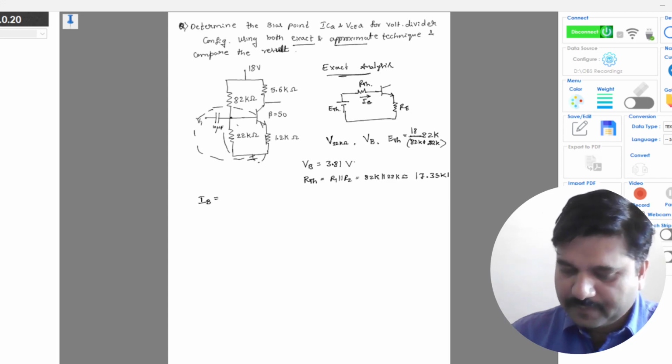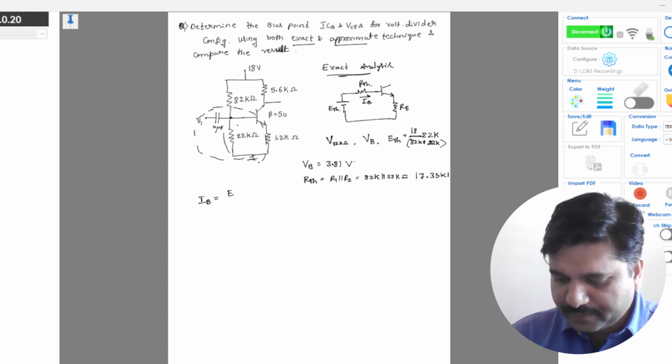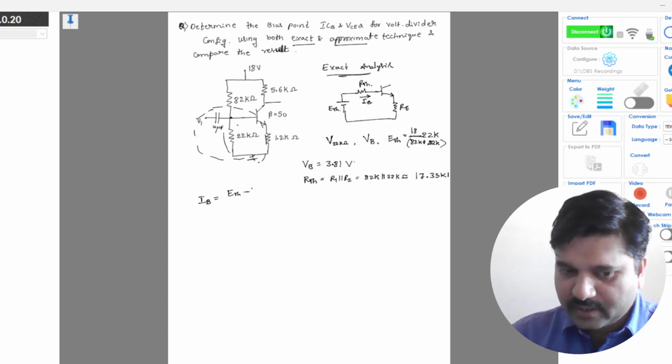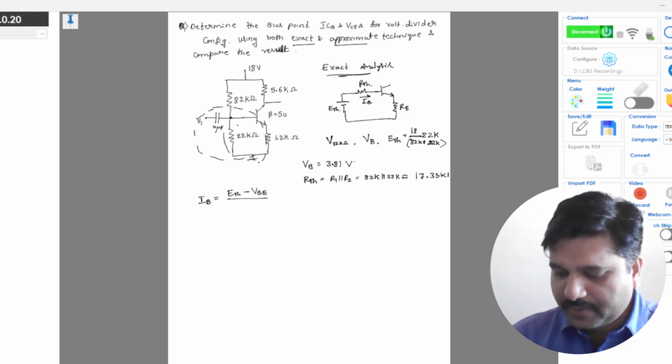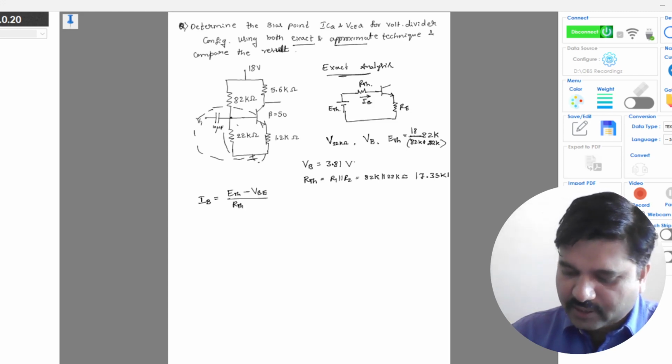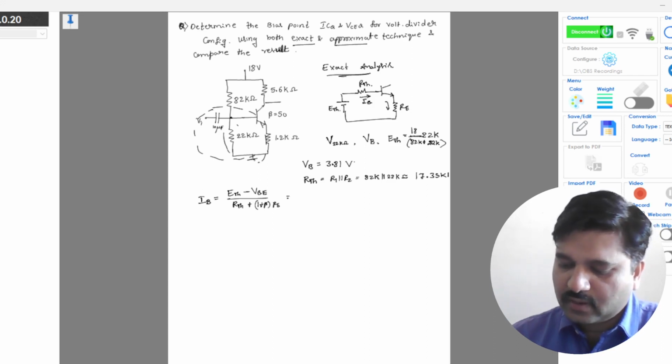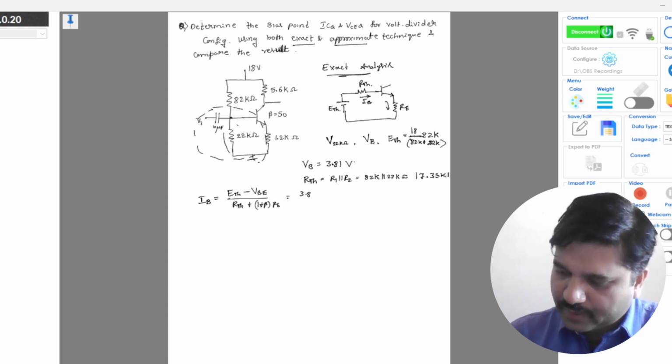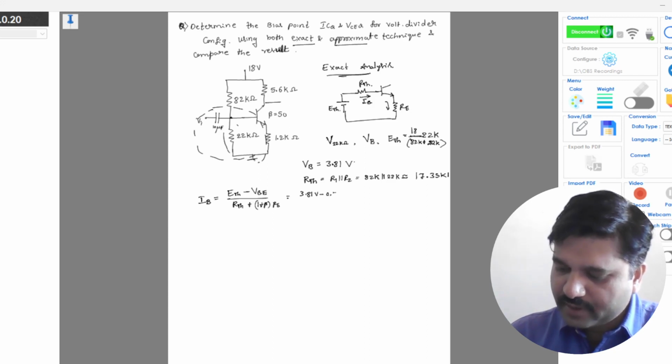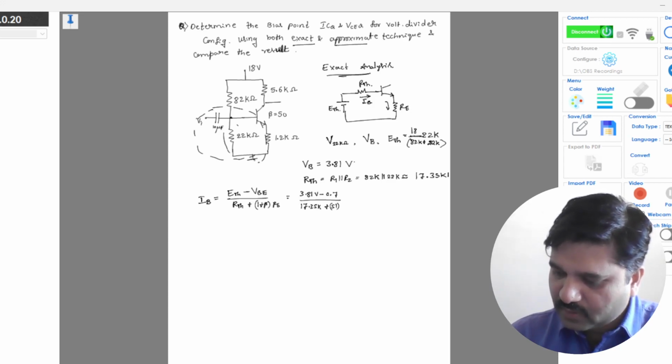IB is ETH or VB minus VBE divided by RTH plus, for the current flowing through RE with respect to IB, 1 plus beta times RE. So we get 3.81 volts minus 0.7 divided by RTH, 17.35k, plus 51 times RE, which is 1.2 kilo.